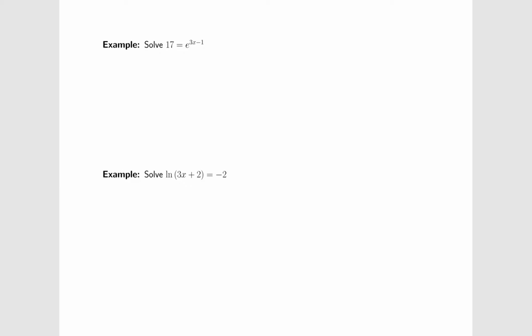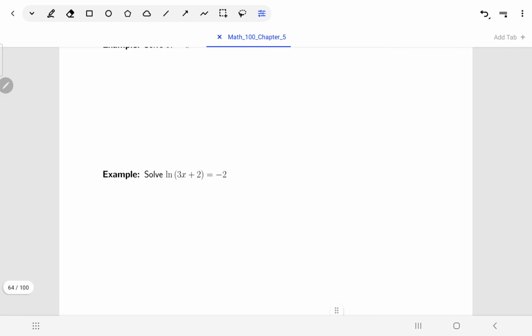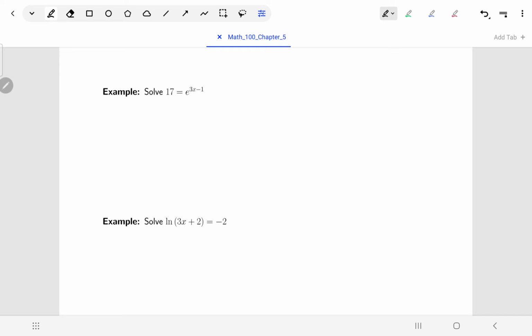So now that we have these inverse properties for our exponential function and our natural log, we can go ahead and start solving equations with logs and exponential functions. Because if I know that e to the 3x minus 1 is 17, then I know that natural log of 17 is 3x minus 1. And then if I feel like it, I can go ahead and solve for x.